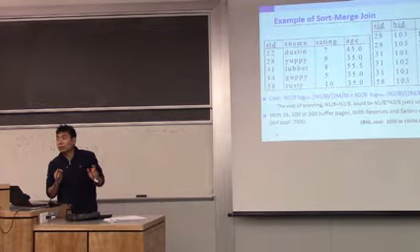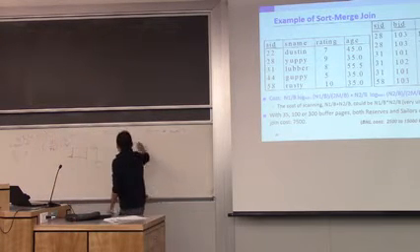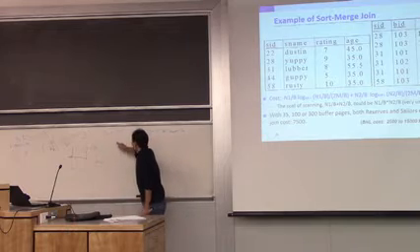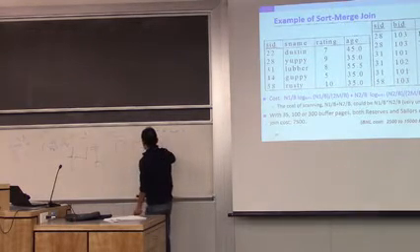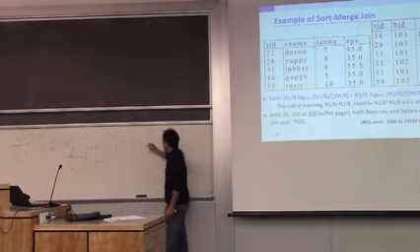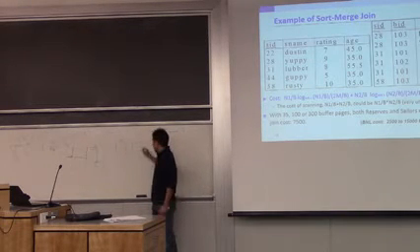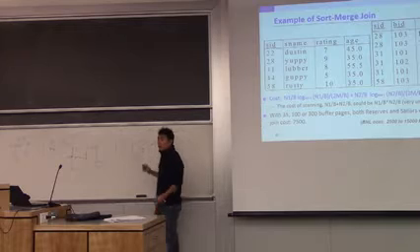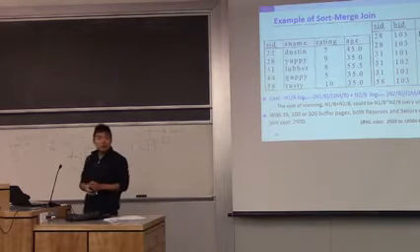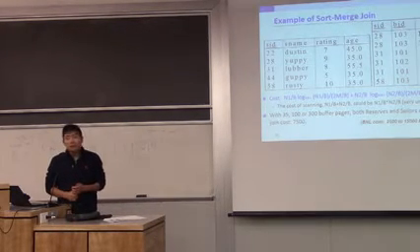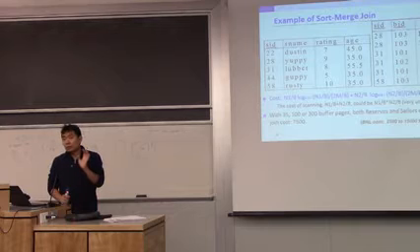A quick recap of what we said. This is your memory. Suppose this is the R partition, this is the S partition. One of the two must be small enough to fit in memory so that you linear scan through this partition and do the join. Right? That's the idea of hash join. Do you follow what I'm saying?